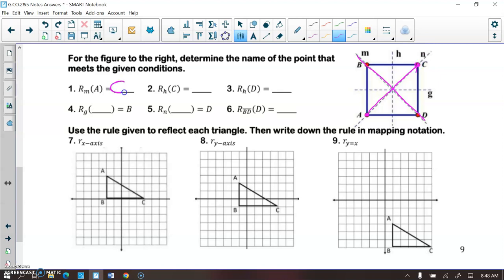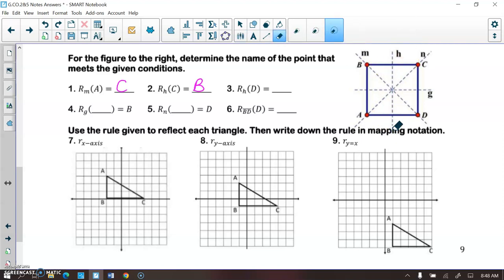So point A would wind up on point C. All right, next one. We have point C that we're reflecting over line H. So I'm going to travel perpendicular to line H, and then the same distance perpendicular on the other side, to get that point C would map onto point B.